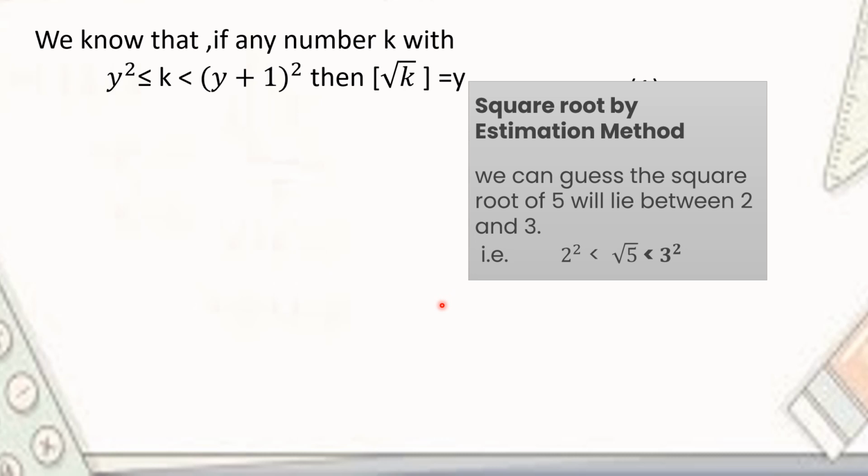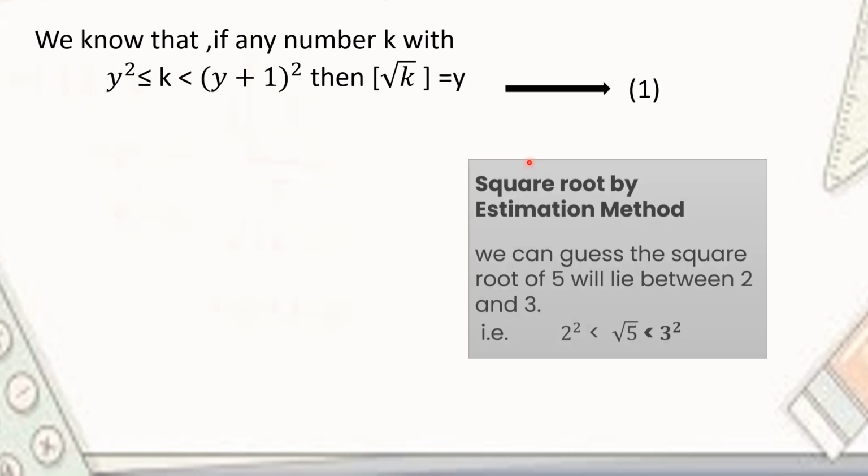We can guess the square root of 5 will lie between 2 and 3. That is nothing but 2 square is less than or equal to 5, which is less than 3 square. So the general format of the square root by estimation method can be written as y square less than or equal to k less than y plus 1 the whole square. That's how we have got this equation.